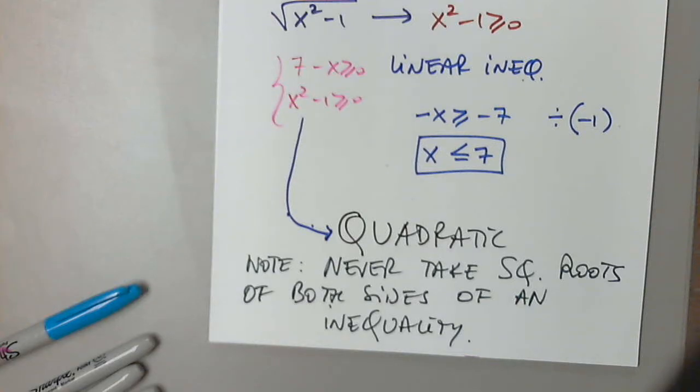So I want to prevent you from telling me move 1 and take the square root. That is not allowed in an inequality, please. Unless you're absolutely certain that both sides are positive, etc., always, forever. Otherwise, you cannot do this.